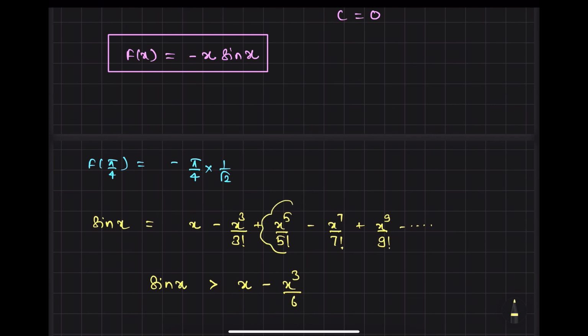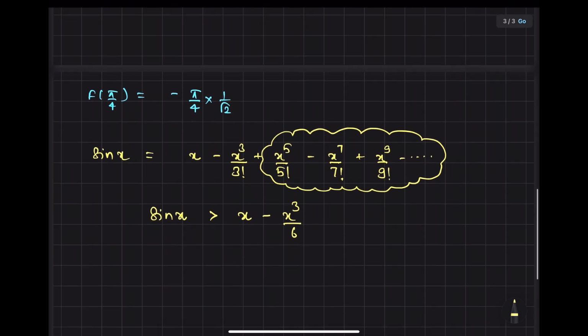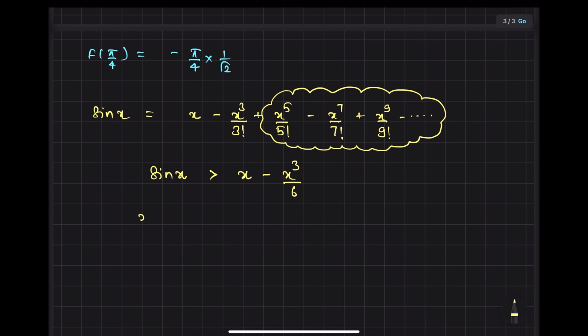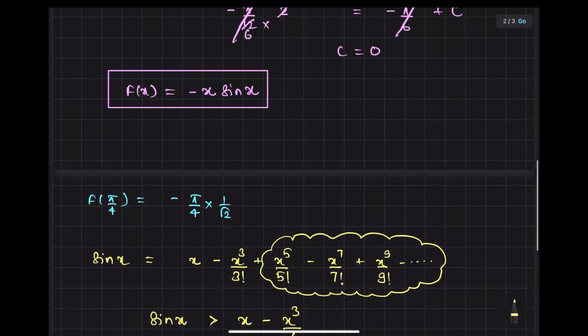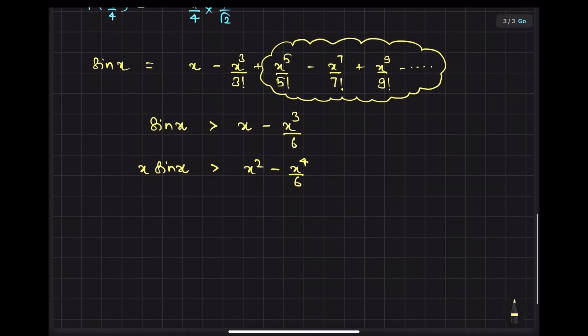Now look at this, you are adding something. So if you add something, the value will increase, no? So sine will become greater than this. Can I write this part? Yes. Now look at this. We have x, so can I multiply both sides by x? So we have x sin x is greater than x square minus x power 4 by 6. Now we have minus, so we will multiply both sides by minus.